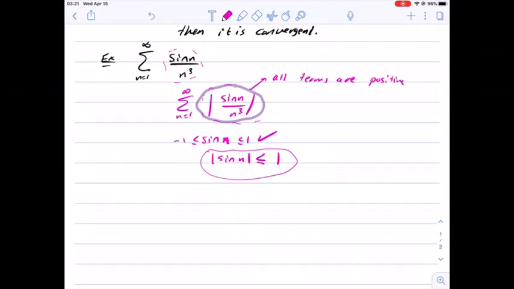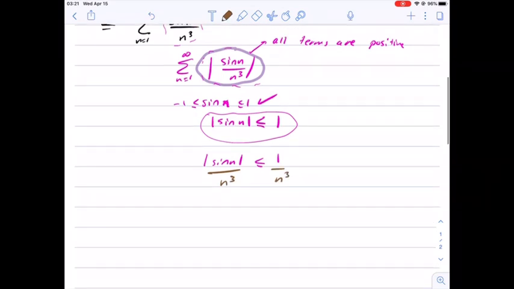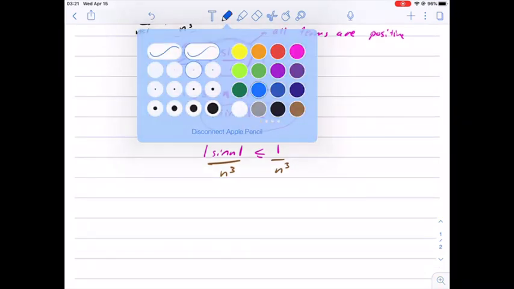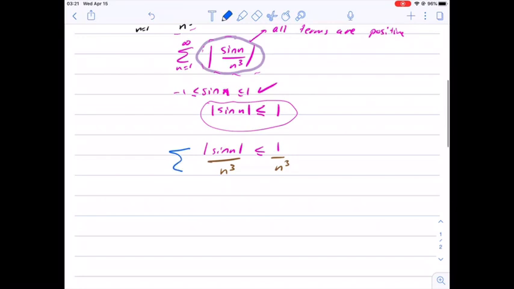How to generate this term? We need to divide by n cubed. So we divide both sides by n cubed. And then we can take the series of both sides.